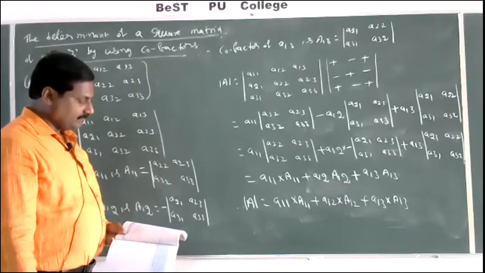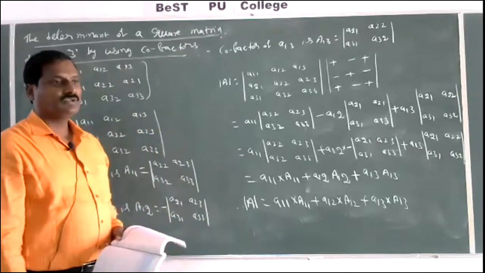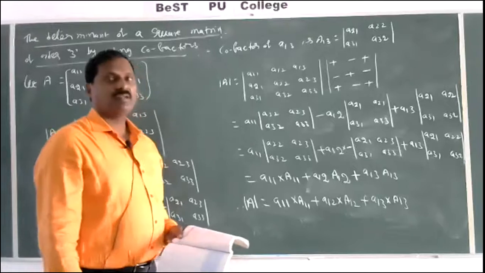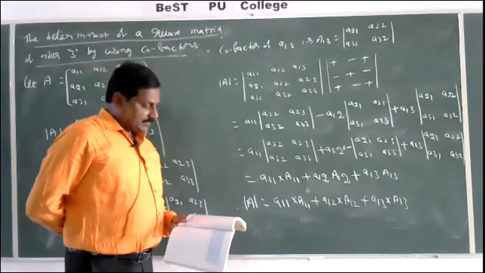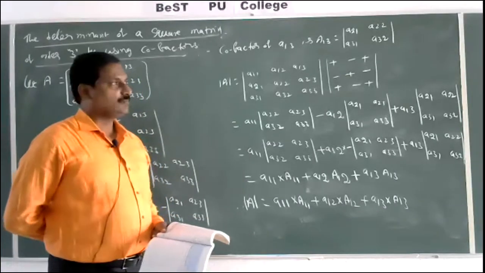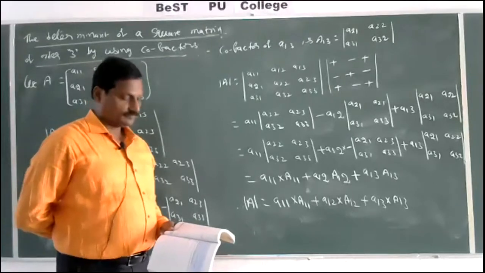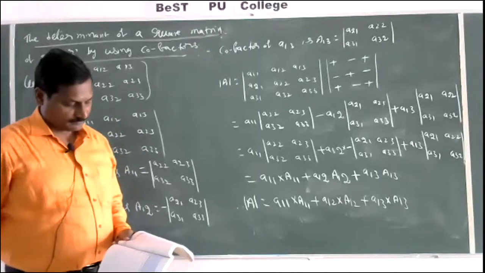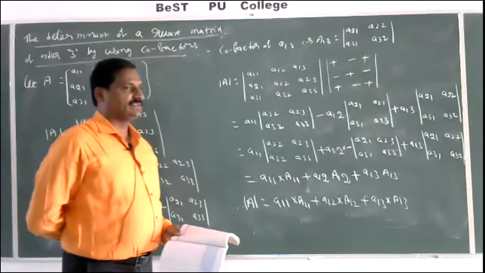The determinant of a matrix is equal to the sum of the products of the elements of any row (or column), any row or column, with their corresponding cofactors.